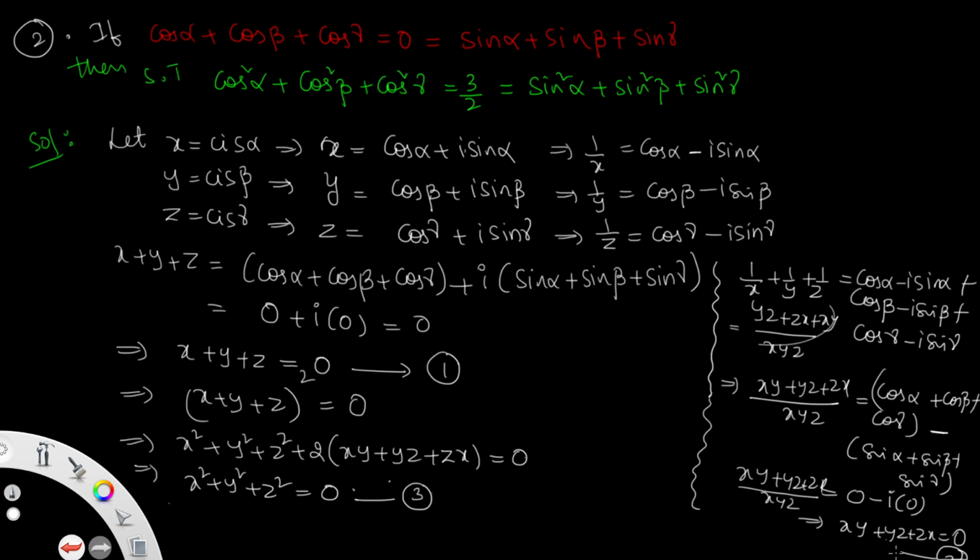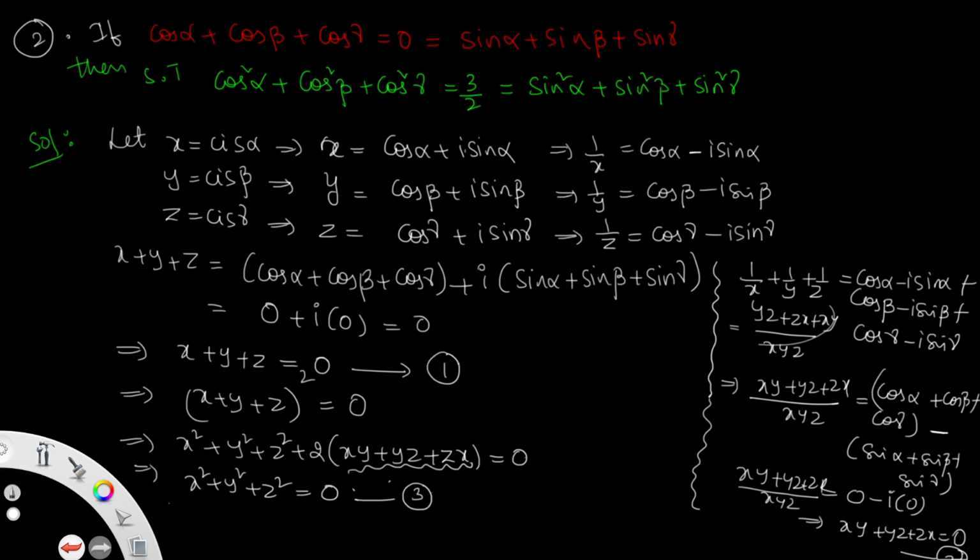So xy plus yz plus zx equals 0. Substituting this value as 0, you get x square plus y square plus z square equals 0, from the expansion of a plus b plus c whole square, just now written like this.